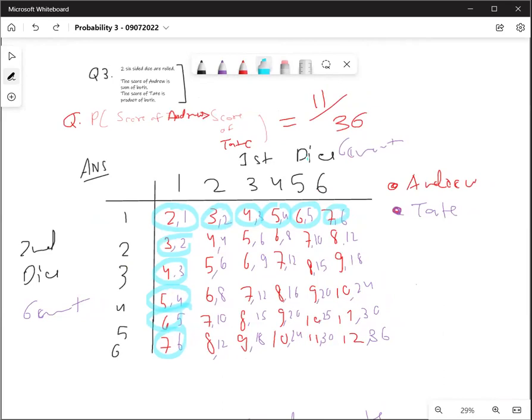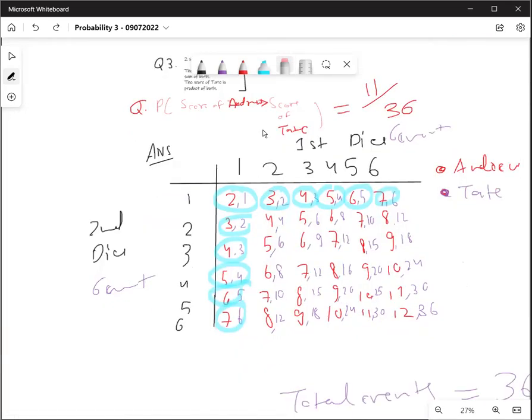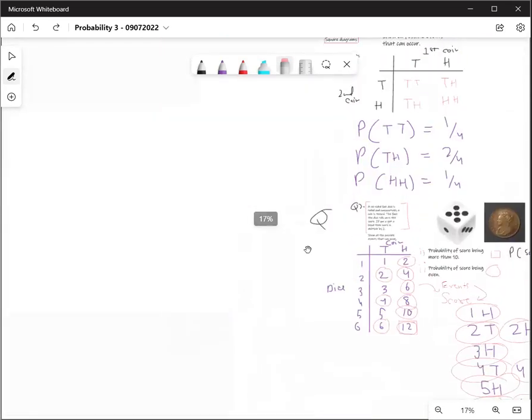You just multiply it. 6 with 6, 36. Count all of these. You have 11 where Andrew scores more than Tate, but the total is 36 events. So 11 over 36. Done. Now let's look at tree diagrams.